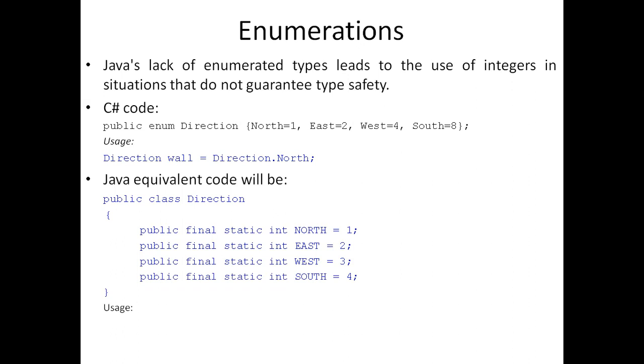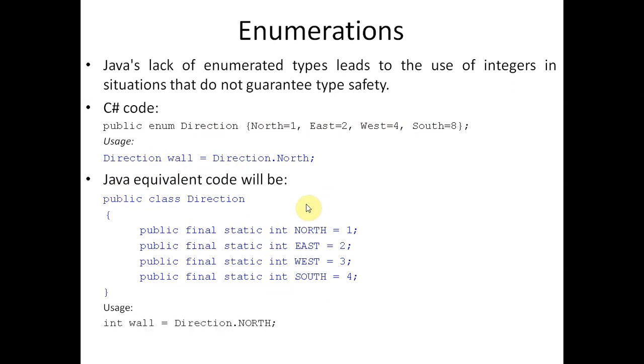So this way we define the four variables, while in C sharp we directly write the enumerator type Direction, and we have four variables and values also, and we can directly use them. But here we have to define all the variables as integer type, and you have to mention the variable, and you have to write the class.